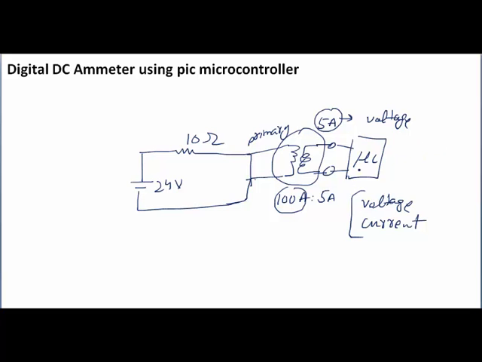So for example, if the relation is 1 ampere equal to 1 volt, and we measure 1 volt at the secondary with the help of a microcontroller, it means the current at the secondary side is 1 ampere.